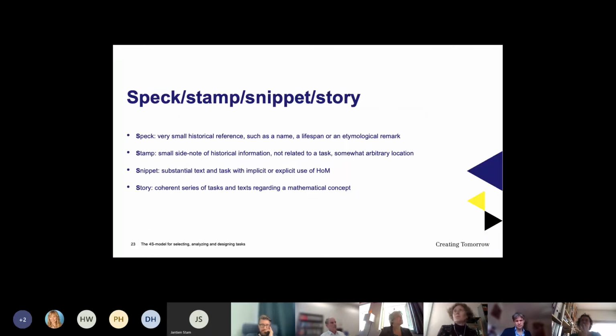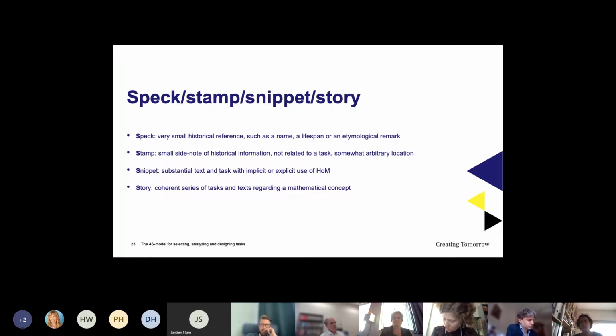Well, some examples of how these formats can be found in the books. A spec can be a very small historical reference, maybe a name of somebody, maybe a lifespan of somebody, or a short remark on the etymology of a certain word, for instance, the word algebra that we've seen before.